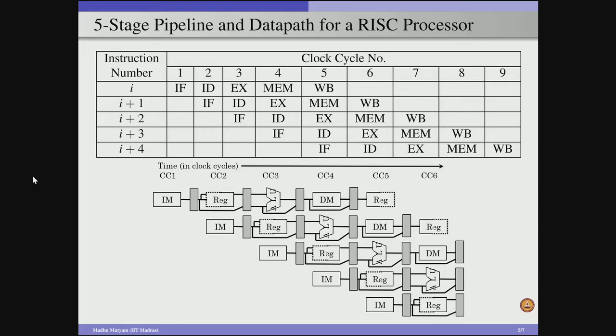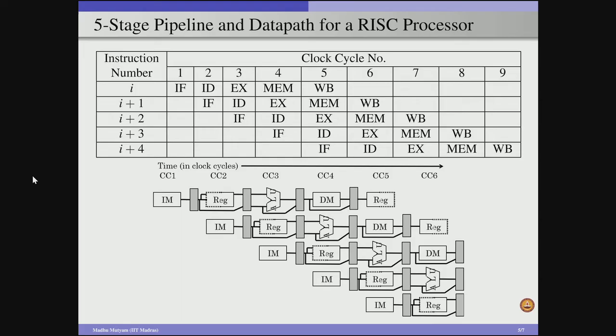So for instruction fetch, we are going to use the instruction memory component, and after we fetch, in the next stage we are going to decode the instruction and also do the register read. Effectively, we are going to use the register file component in the second stage.